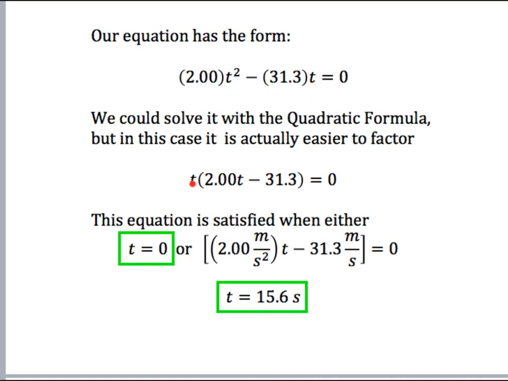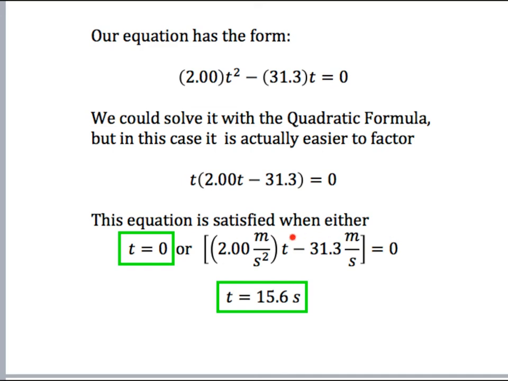And so I've done that here. I've factored out a t. If I multiply this t through this parentheses, I end up back with what I have up here. But t times the stuff in the parentheses is now equal to 0. That means I'm set up to get both the roots of this quadratic equation. t equals 0 will solve it, or the stuff in the brackets will solve it. So either t equals 0, or 2 meters per second squared, that's the acceleration, times time, minus 31 meters per second, is going to be equal to 0.